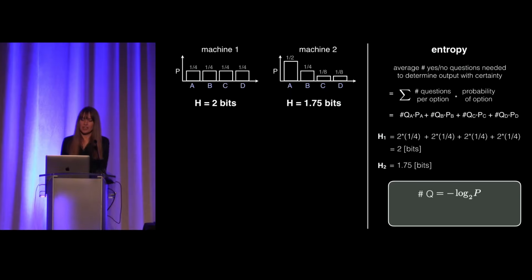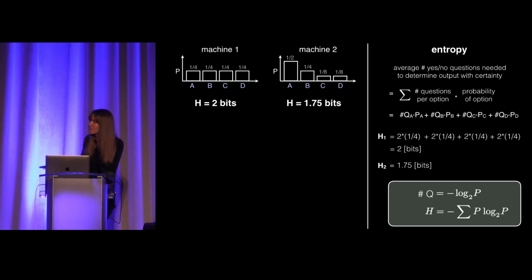But this means that we can now write entropy as the average over this number of questions. And so we can write the entropy as negative p log p summed over the options that we have. So this then gives us our formal definition of entropy.